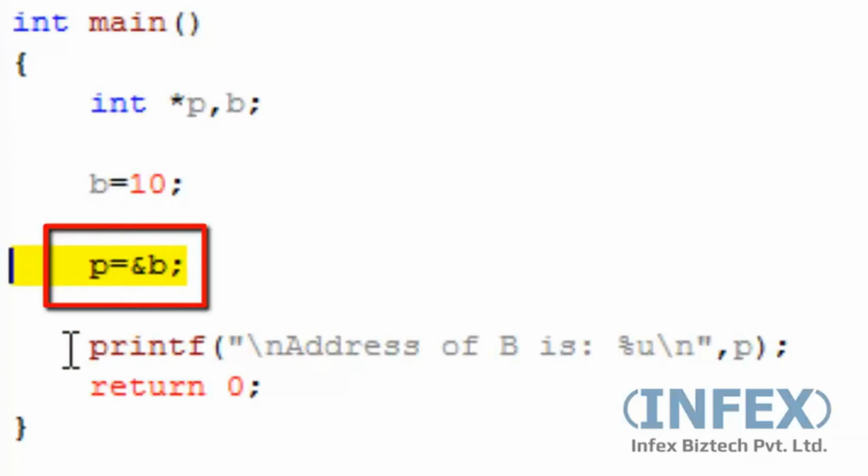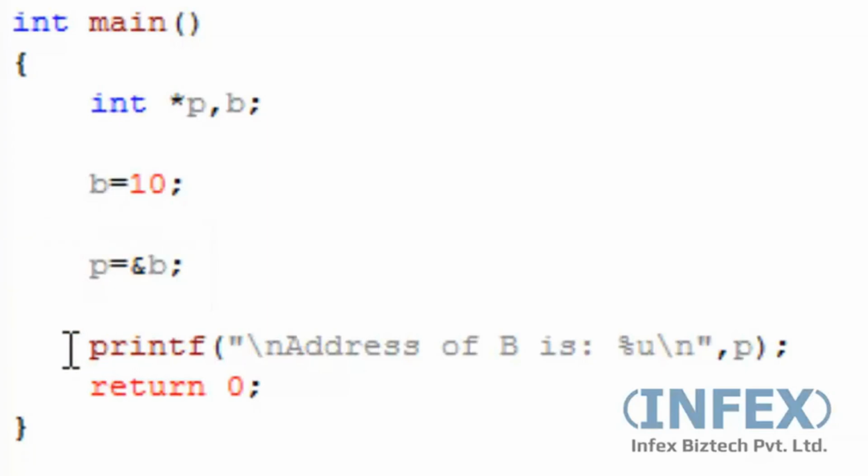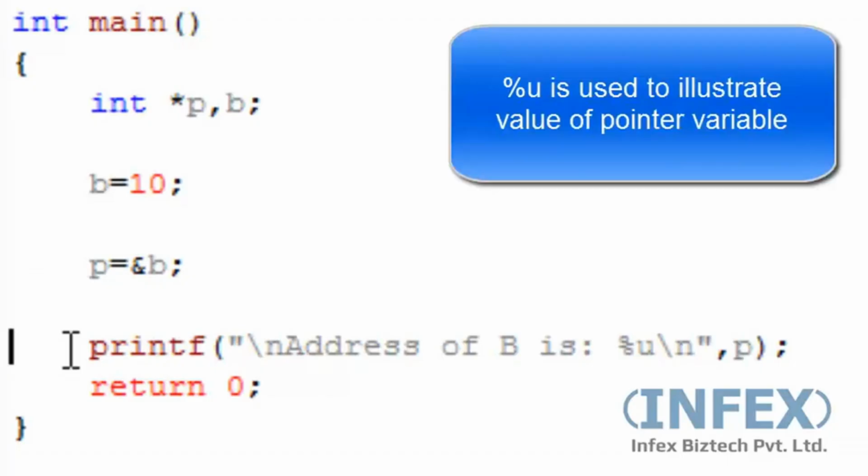Now I want to show the address of b on the screen. I have written printf address of b is %u, from p. %u is used to display the pointer variable.